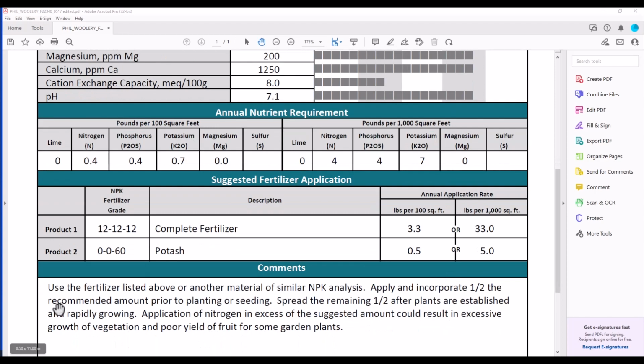And then at the end here, we have some comments, and they're talking about applying only half of it right before planting or seeding, and then applying the rest afterwards. That's a good recommendation, especially for something with nitrogen in it, because like I said, it's mobile.